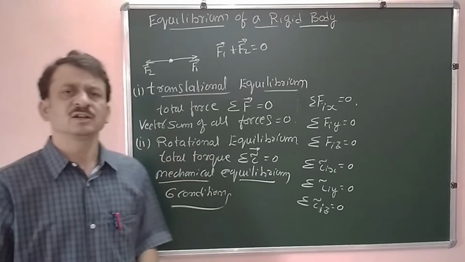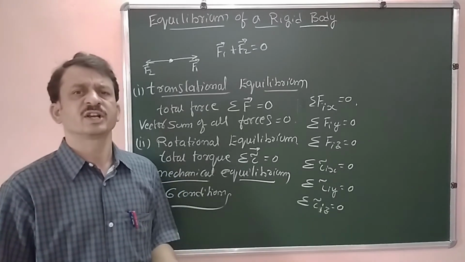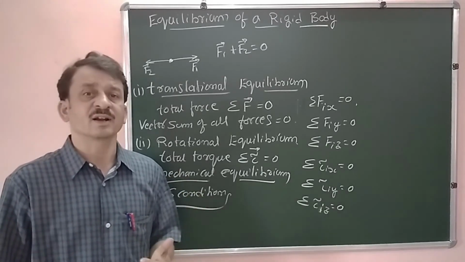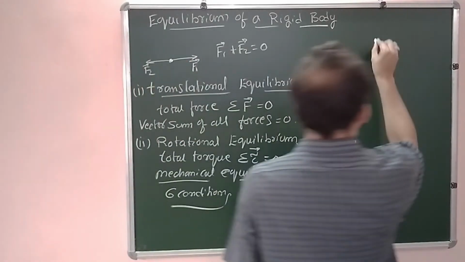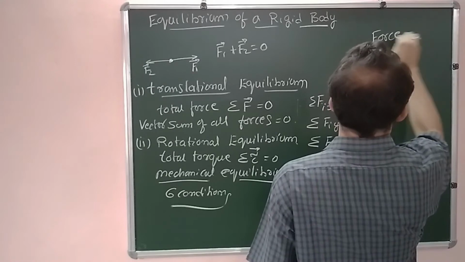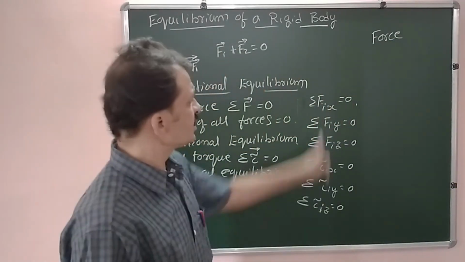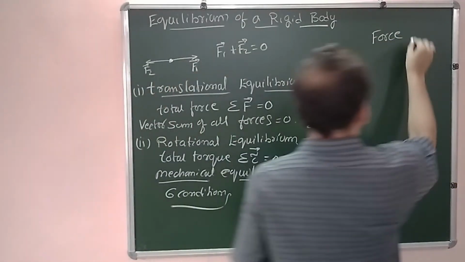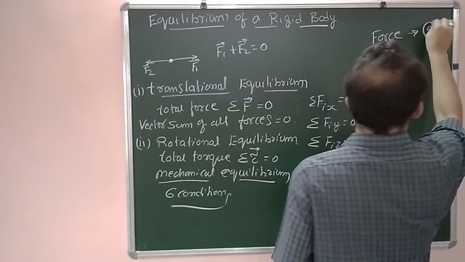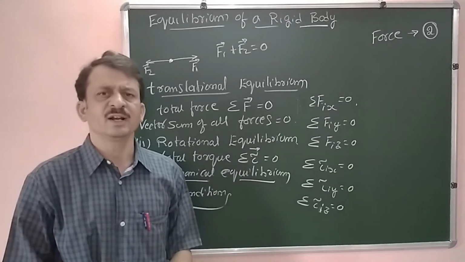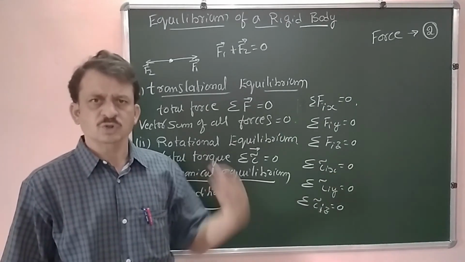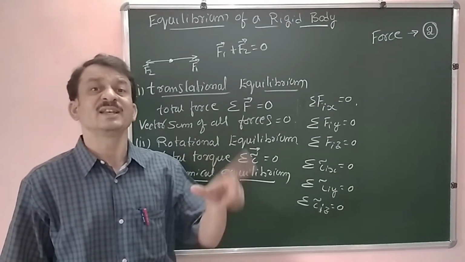But we know that forces in nature are often coplanar, acting in a plane. So therefore, for the force, instead of 3 conditions, it is enough to satisfy any 2 conditions, if the forces are coplanar and we take the forces along 2 perpendicular axes in a plane.